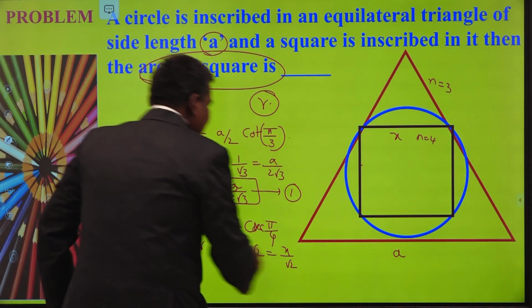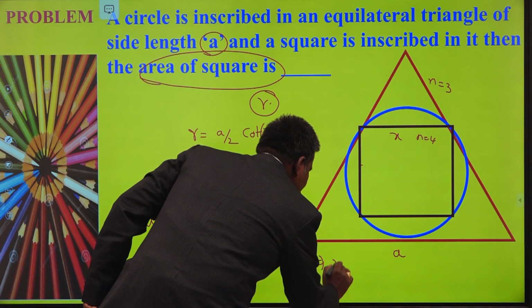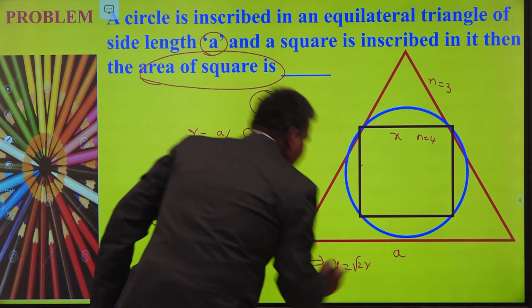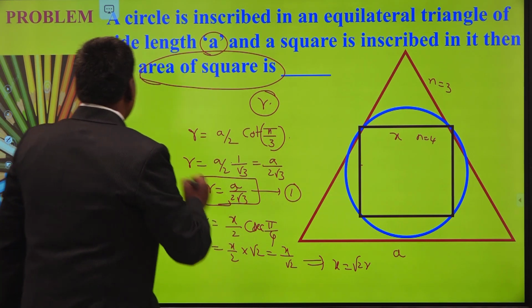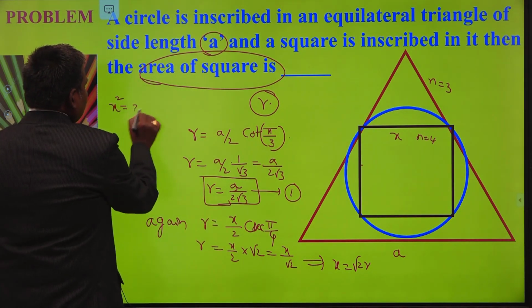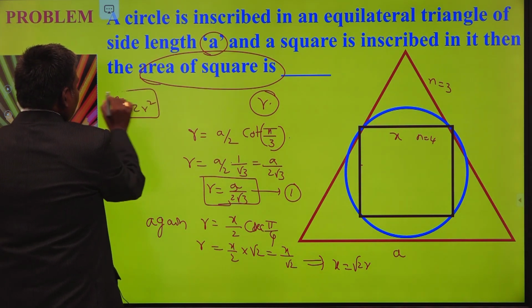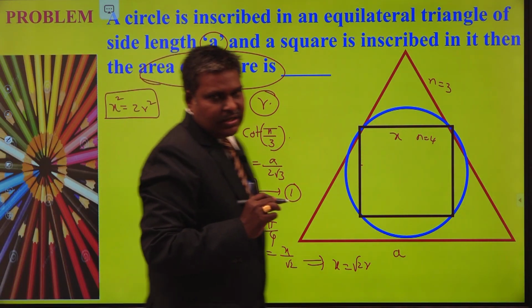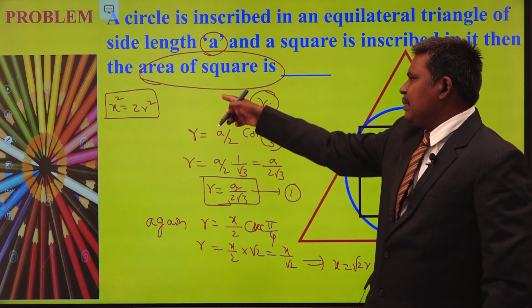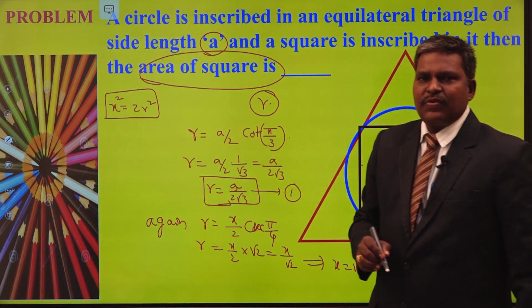From that, can you calculate the value of x or not? So x is equal to root 2 R. What is x square now? x square is nothing but 2R square. Now my question is, is x square the area of the square or not? x is the length of the side, so immediately x square is the area of your square.